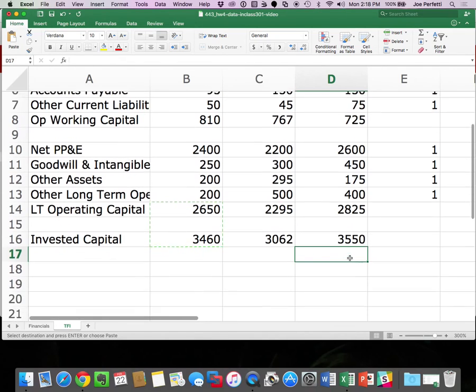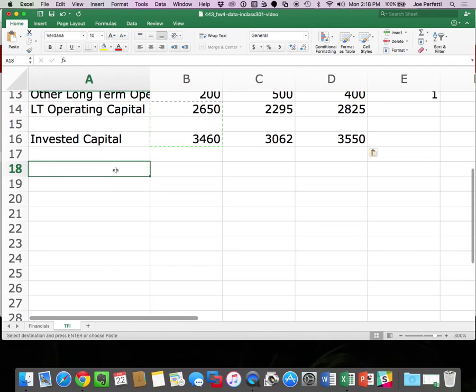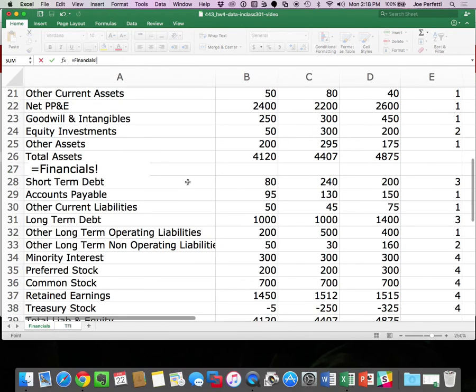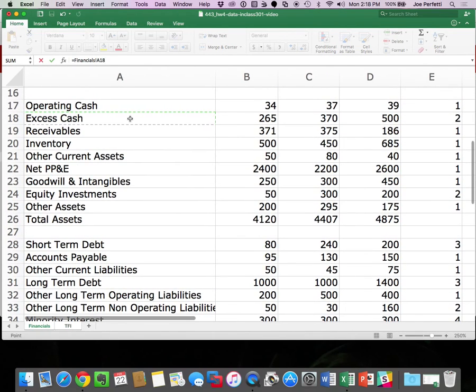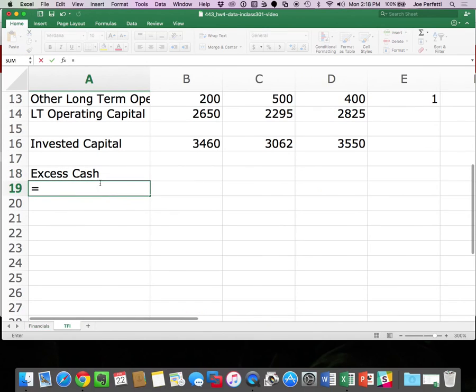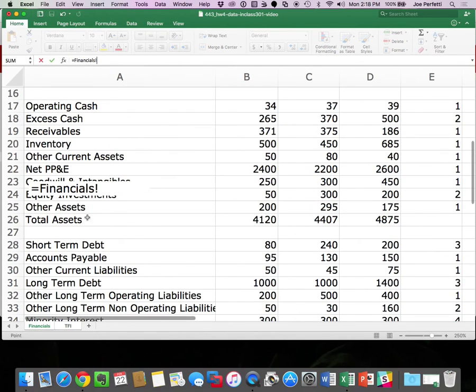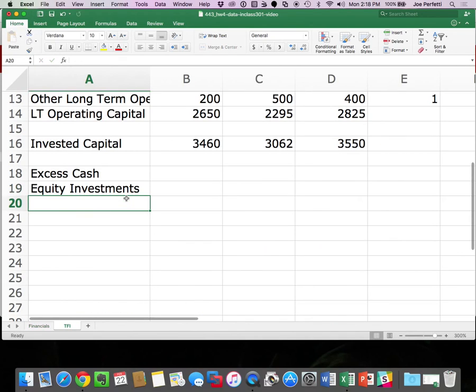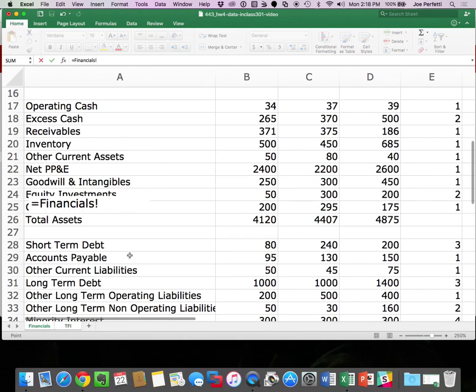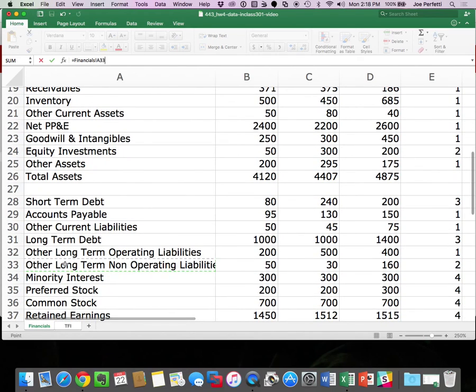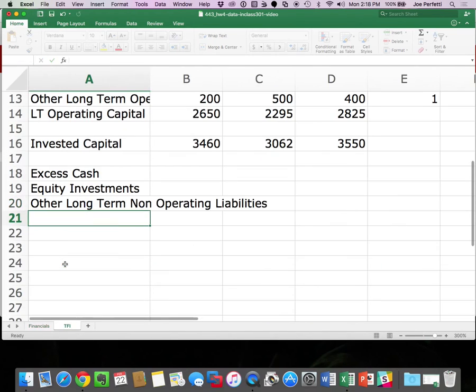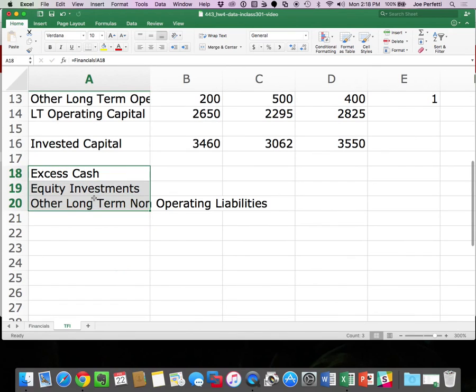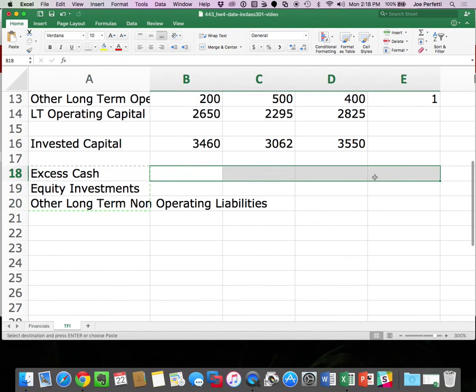Okay, do the same thing with my non-operating assets. Anything labeled 2. So in this case, I have excess cash. And then I look on the asset side, and I have equity investments. And then I look for my liabilities, and I have one liability that's a 2. And same process, I want to net these out, my 3 2s.